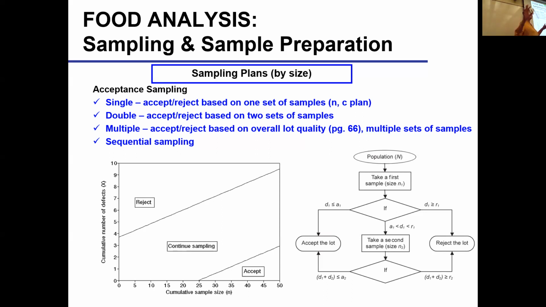We're talking about any random parameter, fat content, or presence of metal, or whatever it is. So it would be a different graph for a different parameter. And if you took, let's say, 10 samples and you found 7 defective samples, you reject. Okay? And if it's in between, you continue sampling until you make a decision to either reject or accept.